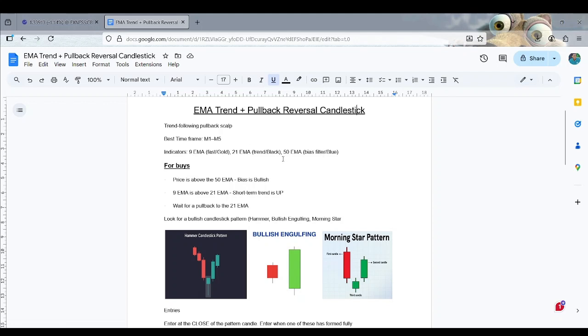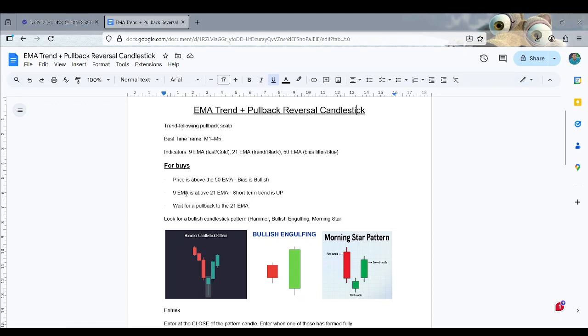Now, ChatGPT suggested that we use the 1 minute to 5 minute timeframes, but I prefer the 5 minutes. You'll see why. And okay, for buys, price is above the 50 EMA, meaning that the bias is bullish.